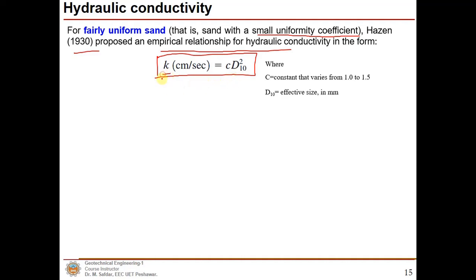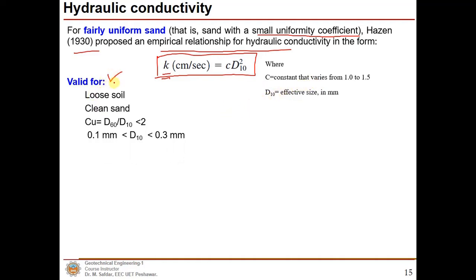The coefficient of permeability in centimeter per second is equal to C times D10 squared, where D10 is the effective size. C is a constant that varies from 1 to 1.5. But this equation is only valid for loose, clean sand, with coefficient of uniformity less than 2, and the particle size, or D10, in this range.